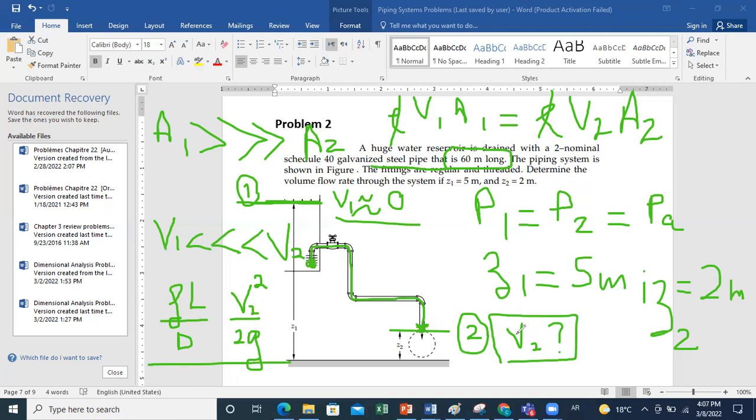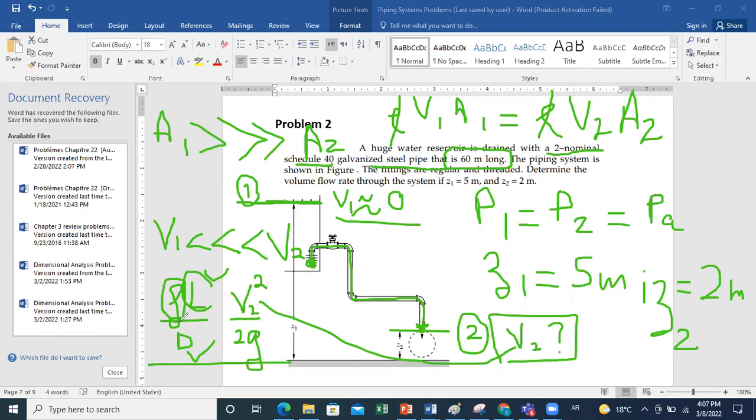Okay, so I'm dealing here with the same unknown as the exit velocity. Now concerning lengths, I know it. Concerning D, they also gave me the nominal diameter and the schedule. This will allow me to find D. So I just have to determine what my friction factor is.